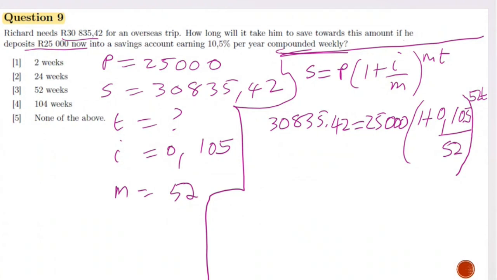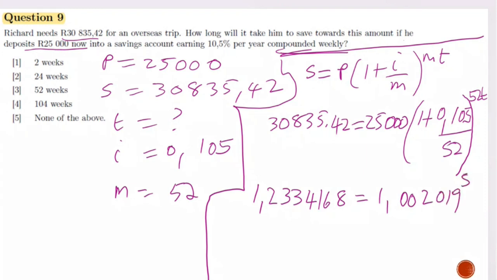If you are going to divide your left-hand side by 25,000, I always advise to try not to cut off decimal numbers, maybe to the second decimal place, especially if you are going to be using logs. You can easily get into an error. So if you can leave so many decimal places, that's even better. So this is going to be 1,002019 to the power 52t.